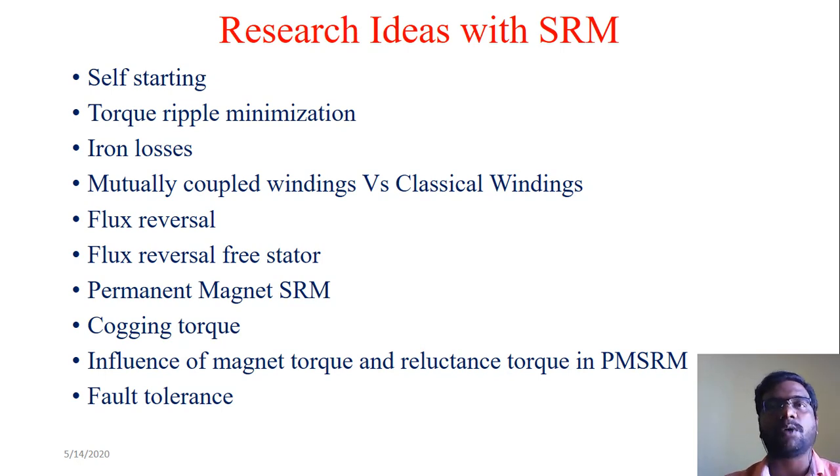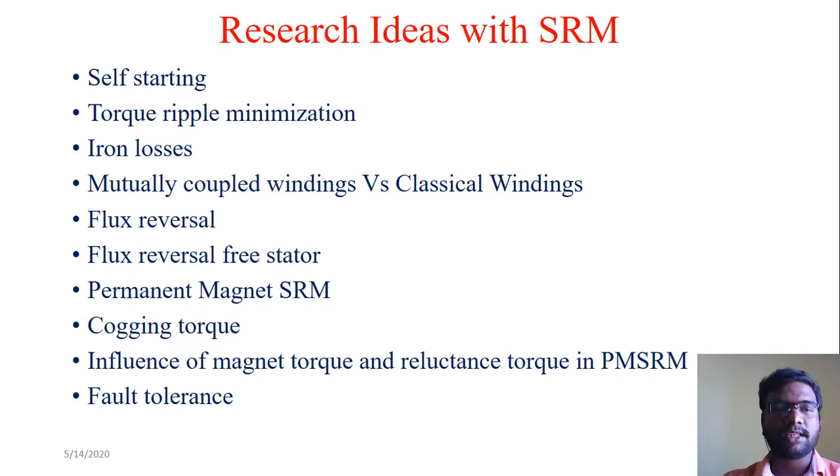So in this case, I am going to add a permanent magnet to the switch reluctance motor. While assisting the switch reluctance motor with a permanent magnet, we should be careful because it may attract the rotor, so that locking will occur.